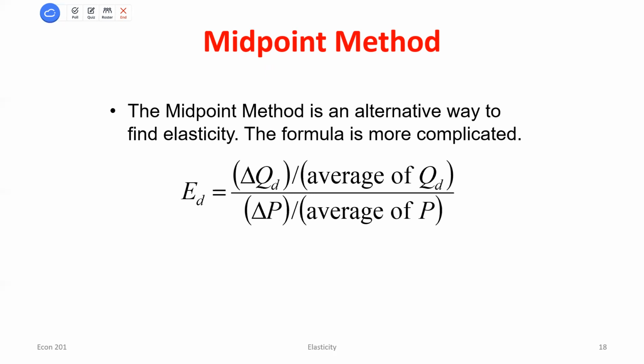The way we do this is we look at the change in quantity demanded, the movement between whatever these two values are, and then divide it by the average of these two values. Same kind of thing for the percentage change in price. I'll break this down here. For the percentage change in price, we take the new price minus the old price, and I'll use this triangle to represent that as a change.